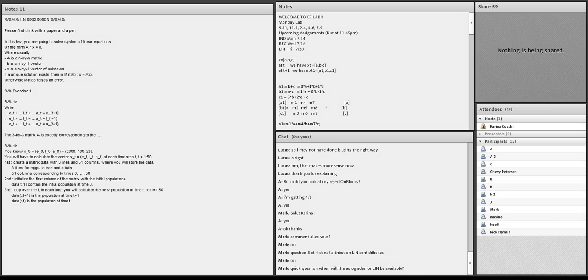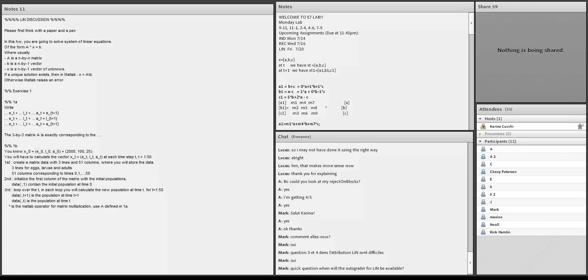All right, so for that also remember that the star operator in MATLAB is the operator for matrix multiplication. And you can use also A that's defined in question 1a to compute x t+1, which is equal to A times x of t.